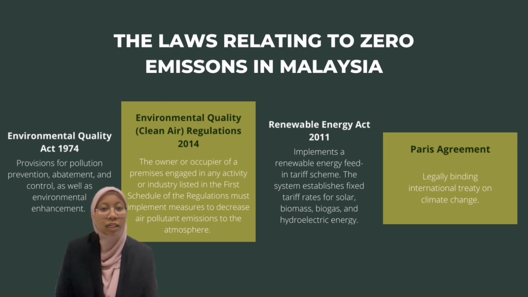The Clean Air Regulation requires owners of buildings involved in relevant activities and industries to be prudent in their operation in order to comply with the Clean Air Regulations, which in effect decreases the release of air pollutant, including carbon, into the atmosphere.